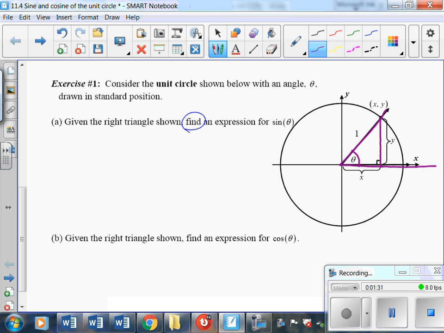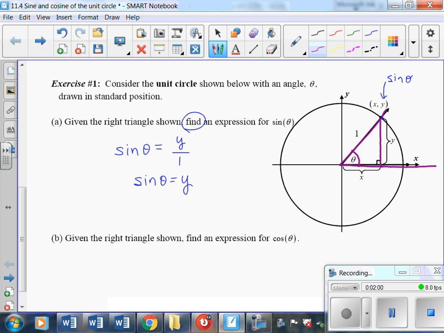The opposite side for theta is going to be, sine theta is equal to the opposite side, which is y, divided by the hypotenuse, which is 1. So therefore, sine theta is equal to y. So whatever this point is right here, this y right here is going to be sine theta.